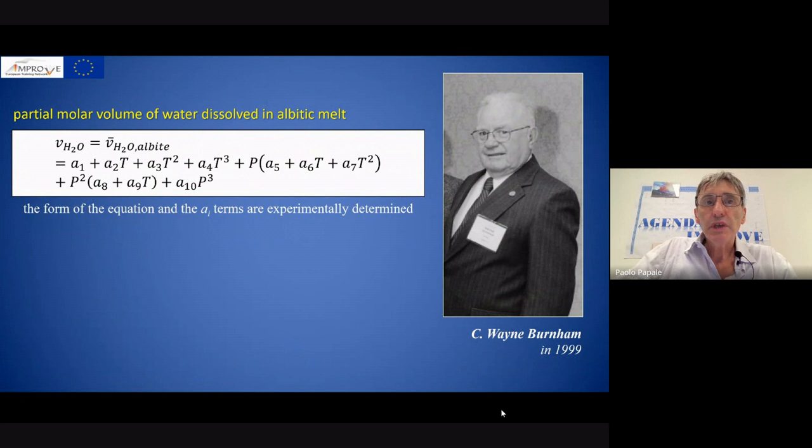Unfortunately, we don't have a similar relationship for carbon dioxide. That is, we don't have a robust pressure-temperature dependent partial molar volume of carbon dioxide for some silicate melt composition that we can adopt, similarly as we do for water, as representing our hypothetical pure dissolved state.